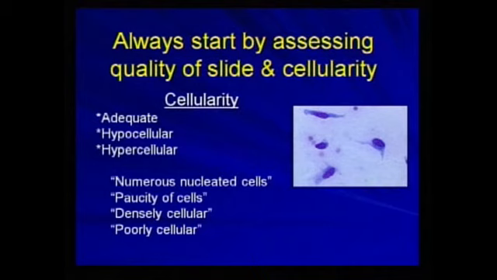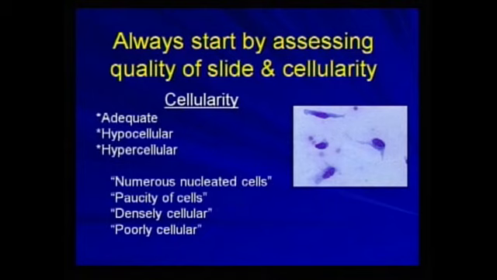When we talk about quality of slide, it has a lot to do with the slide preparation, the staining of the slide, the amount of cells which are traumatized or destroyed. Because you can have a slide with a large number of cells, but if you apply too much pressure during the making of the slide, they may all be rendered broken and useless.